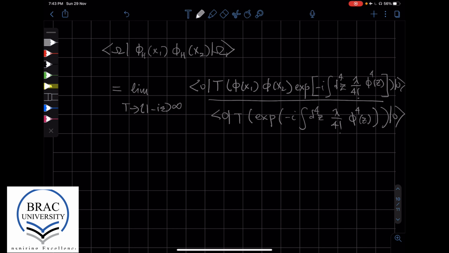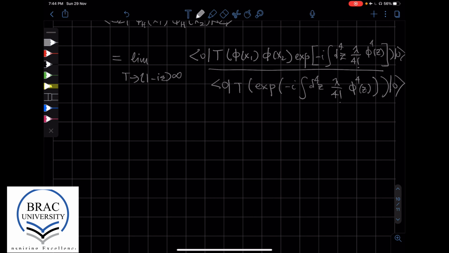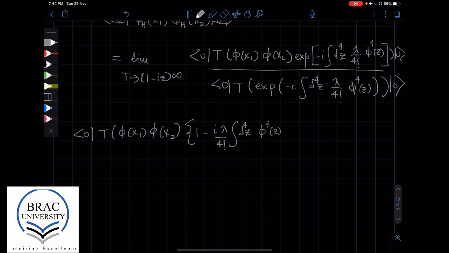So let's first look at the numerator. We can expand the exponential as a power series. So the first term is 1. The second term is i lambda divided by factorial of 4, integral over d4z, and then we have phi to the power 4 of z.